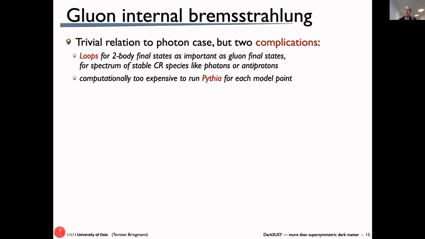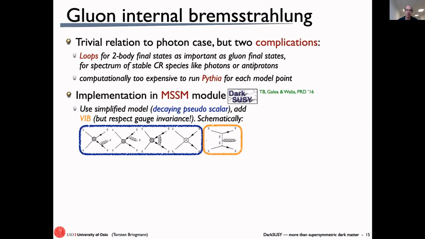That means that we can't disentangle the three-body and the two-body final states in the same way, meaning that we should also, for consistency, take into account the loop corrections to the two-body final states. And of course, it's very expensive to run Pythia for each individual model point. So the solution that we opted for in DarkSUSY is to basically map the full MSSM parameter space to a simplified model in the limit of zero relative velocity of the incoming neutralino pair.